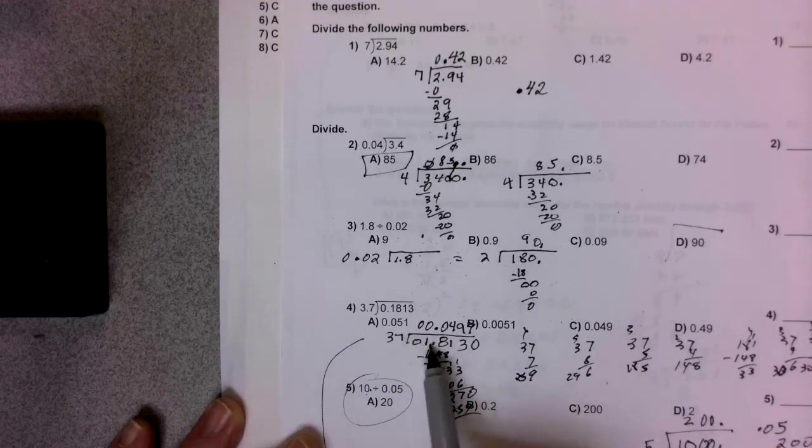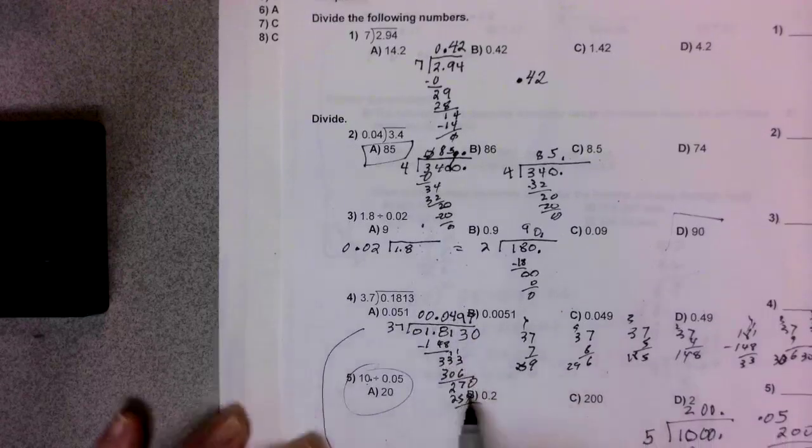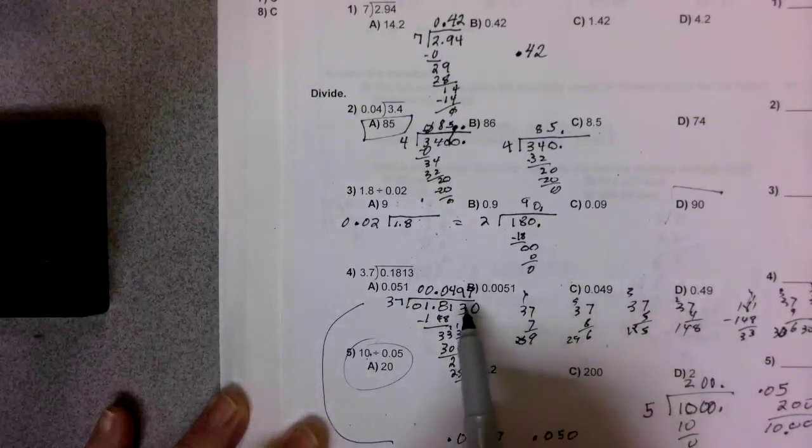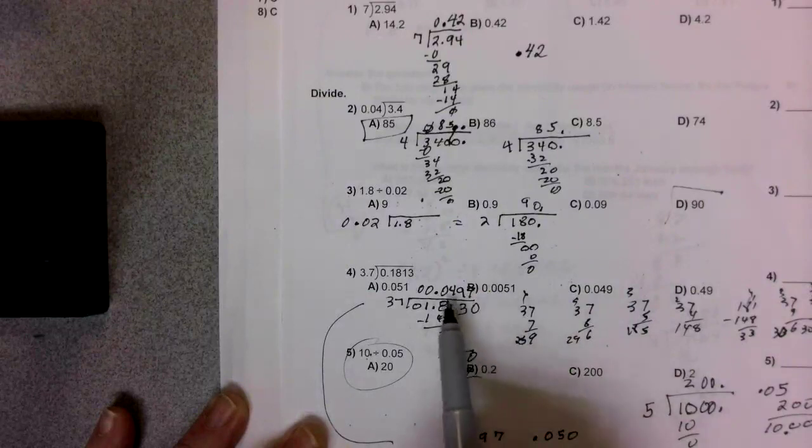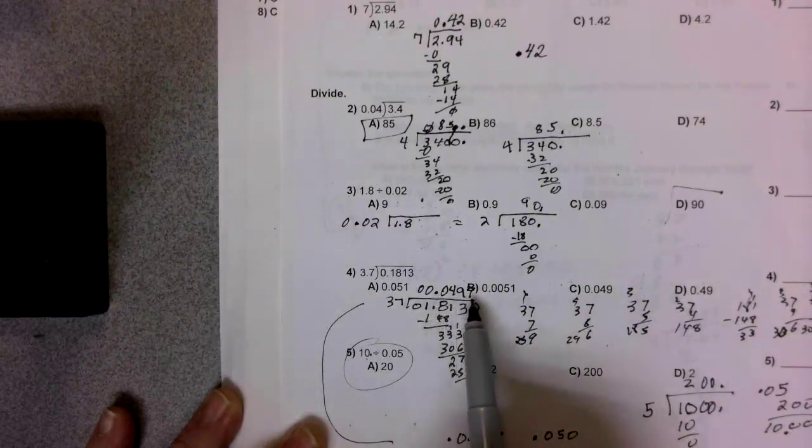I finally get 37 into 181, which turns out to be 4 times. And I then proceed down along with my long division process, and I ultimately get to an answer which is 0.049. I think this was a 7 here.